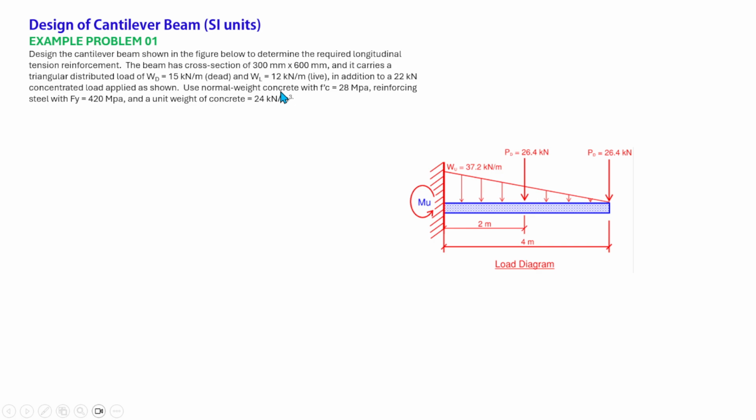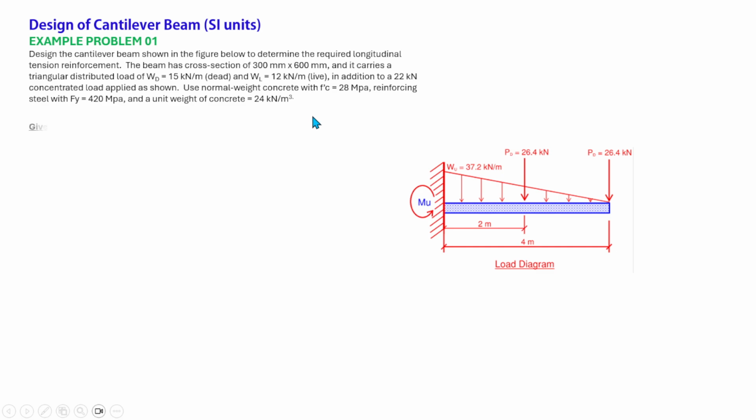Use normal weight concrete with fc' equal to 28 megapascal, reinforcing steel with fy equal to 420 megapascal, and a unit weight of concrete of 24 kilonewton per cubic meter.